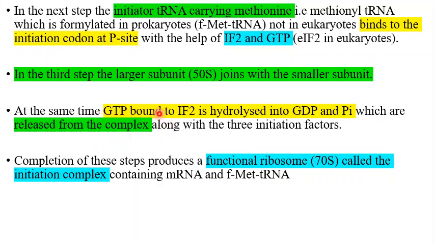And all the three initiation factors, IF1, IF2 and IF3, will leave the ribosome. So at the end of these three steps, what will be produced? A functional 70S ribosome, called the initiation complex, containing the messenger RNA and fMet-tRNA in case of prokaryotes.